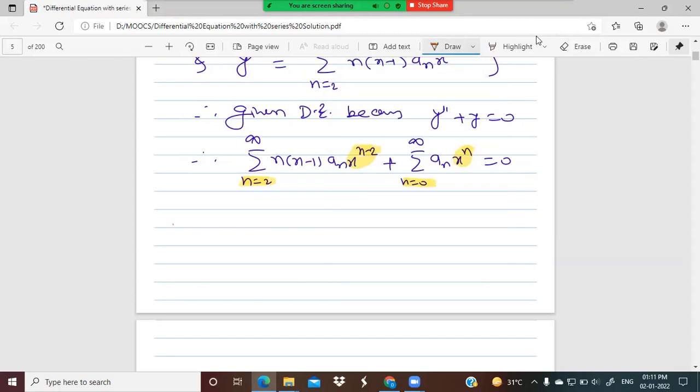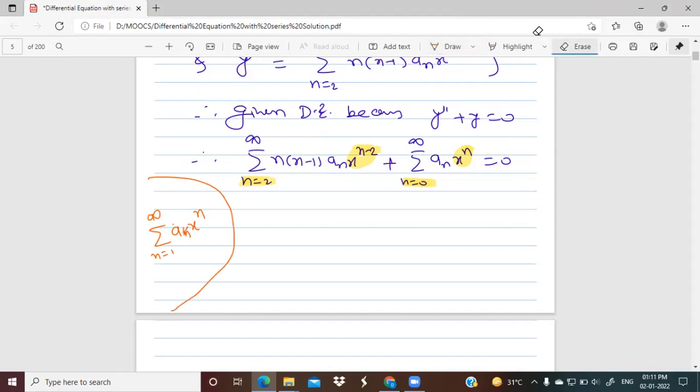I will do one idea to convert the series. Suppose I take this series, n into an into x raised to power n minus 2, and n is equal to 2 to infinity. I will change the index to k. These are the domains, and k is equal to n. So what do we have to do?